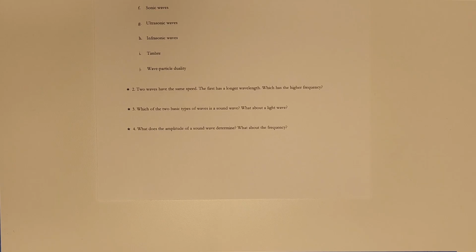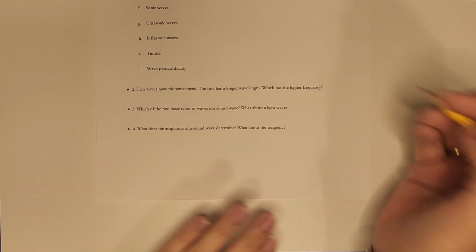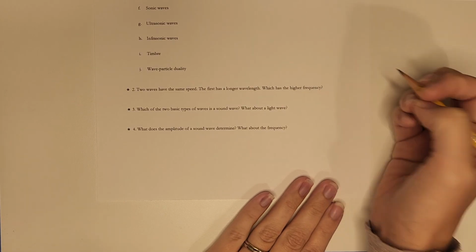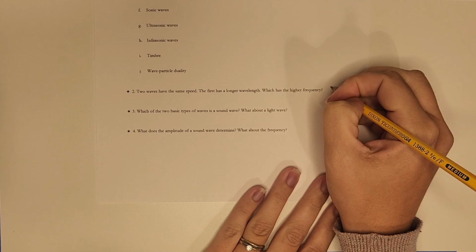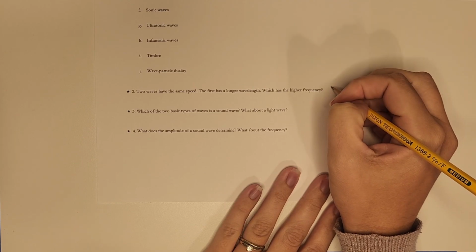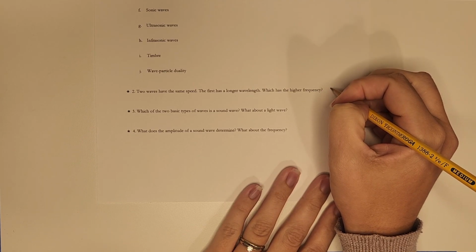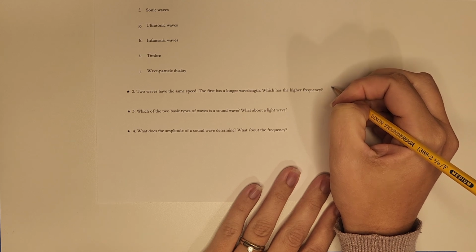and start with question 2. Two waves have the same speed. The first has a longer wavelength, which has the higher frequency? I'm not going to write out the whole answer, but just like many problems that we've had so far this year, we are just going to look at the formula. This is equation 11.1, the frequency of a wave.